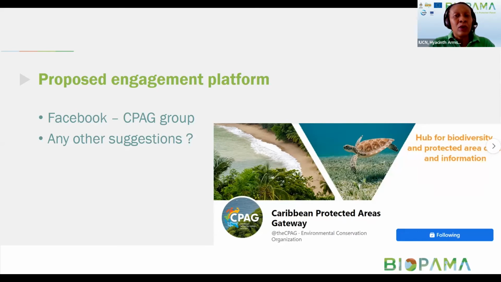But as we said, we are open to other suggestions or other mechanisms that may prove to be more useful or more effective in facilitating the network engagement. So the ability to share information, to have dialogue on particular issues, to have dialogue with individuals or groups of individuals.